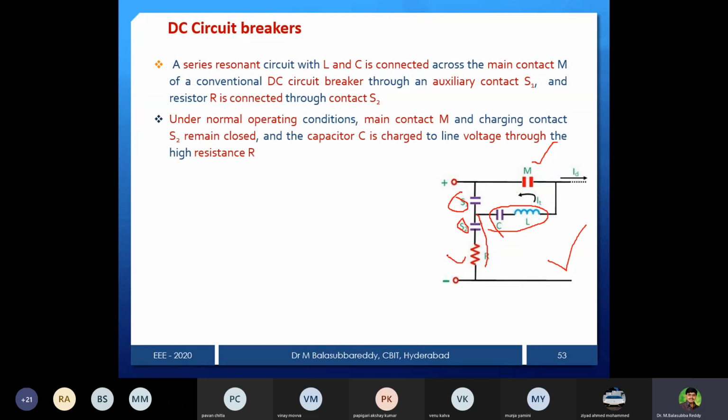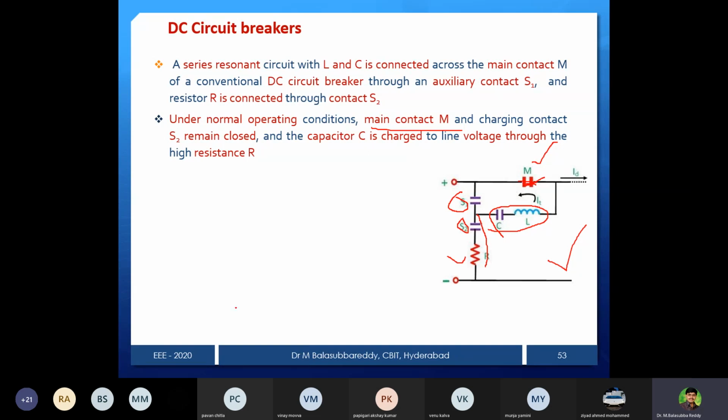Under normal operating condition, what will happen? This main contact M, or you can say the contactor, and the charging switch S2. While the capacitor is charging, initially we need to charge only, but the main contact M will also be under operating condition.